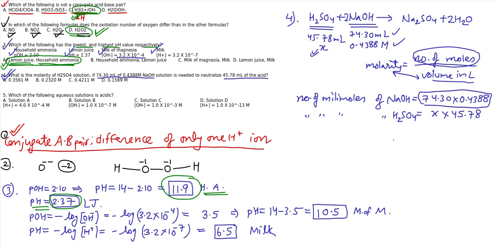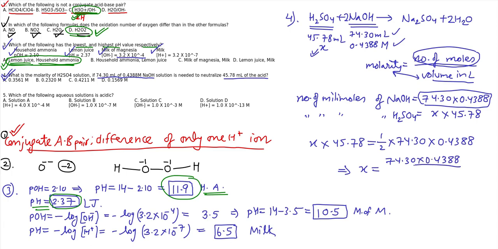Half of this will be half of 74.30 into 0.4388. So this is the number of millimoles of H2SO4, and that we already have written as X into 45.78. From here you can write X as 74.30 multiplied by 0.4388 divided by 2 times 45.78, and from here you can calculate X.